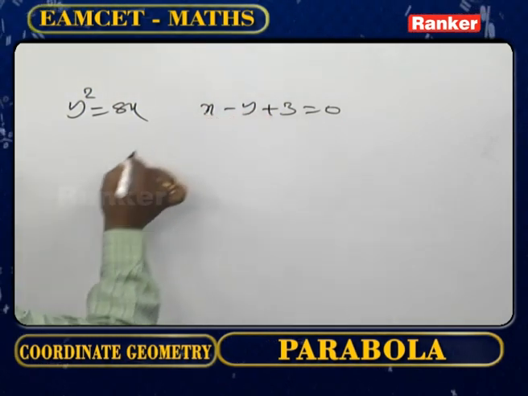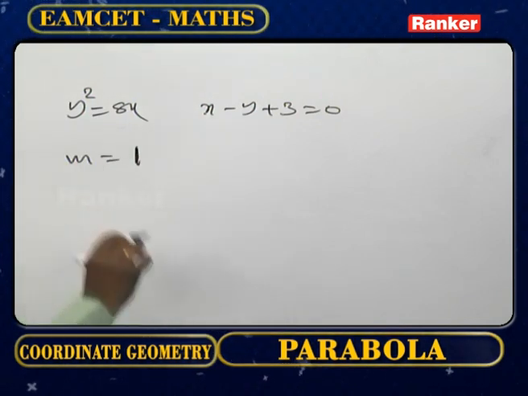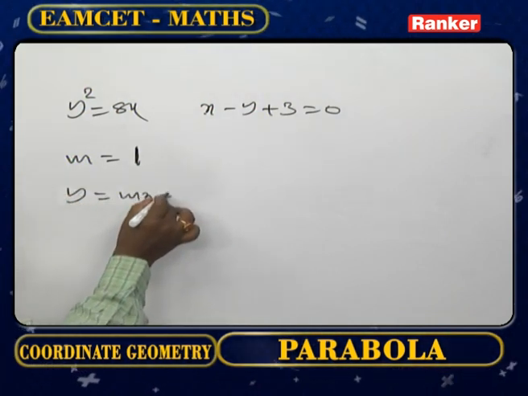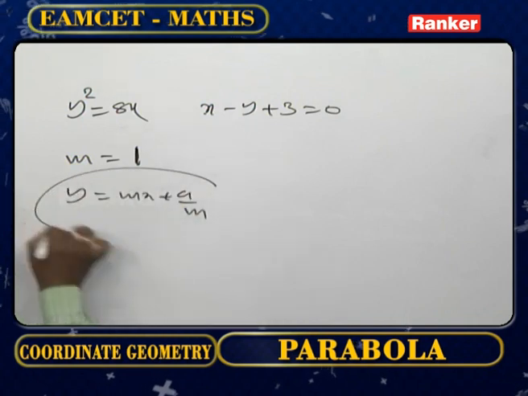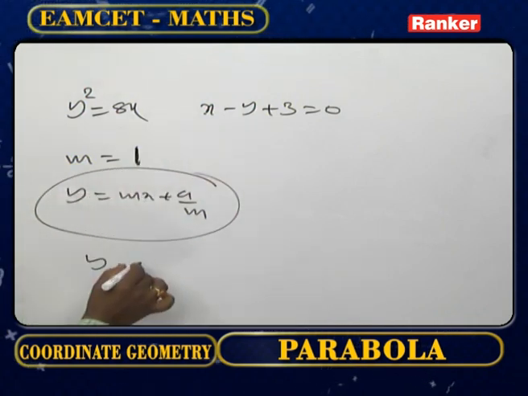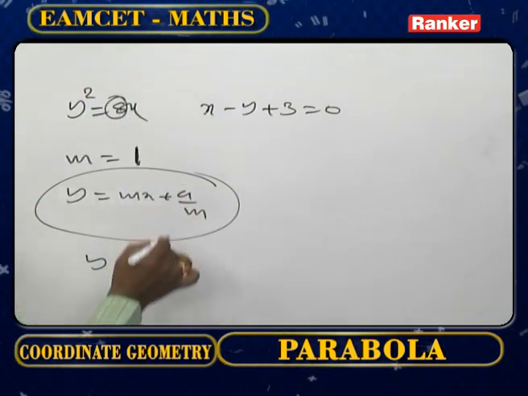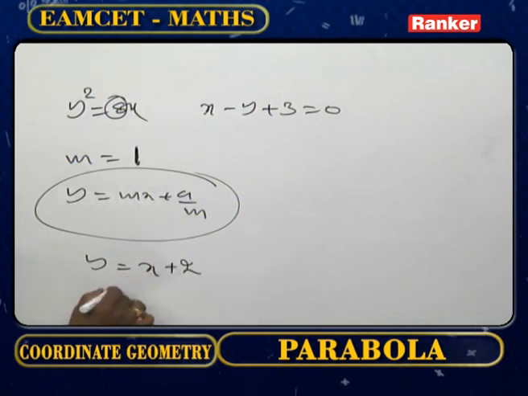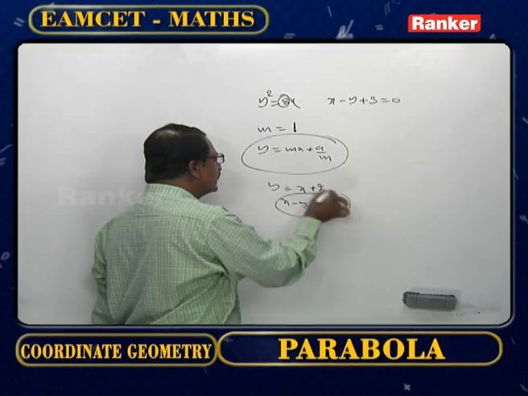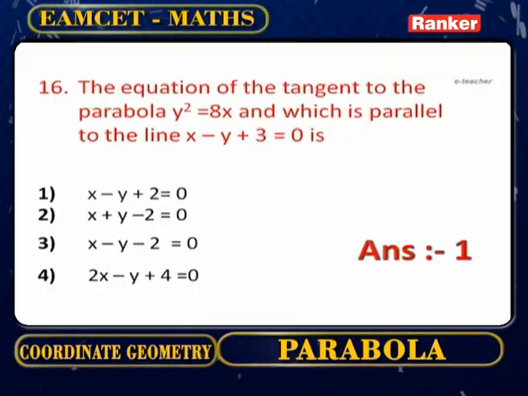Now, the slope of the given line m equals 1. The tangent equation in slope form is y equals mx plus a by m. Now, with m equals 1, and 4a equals 8, a equals 2. Now y equals x plus 2, or x minus y plus 2 equals 0, is the required equation of the tangent which is parallel to the given line. First option.